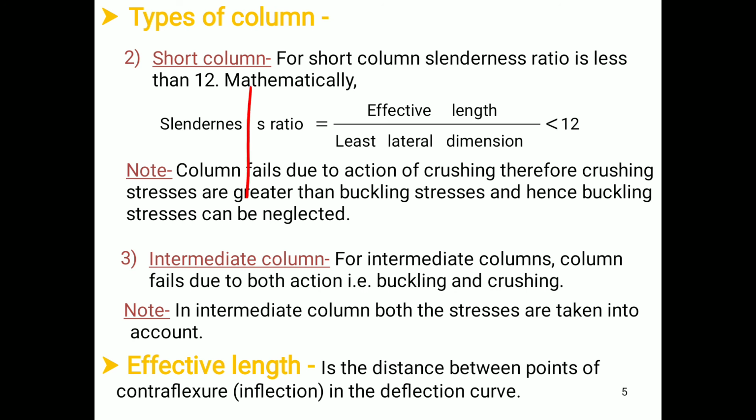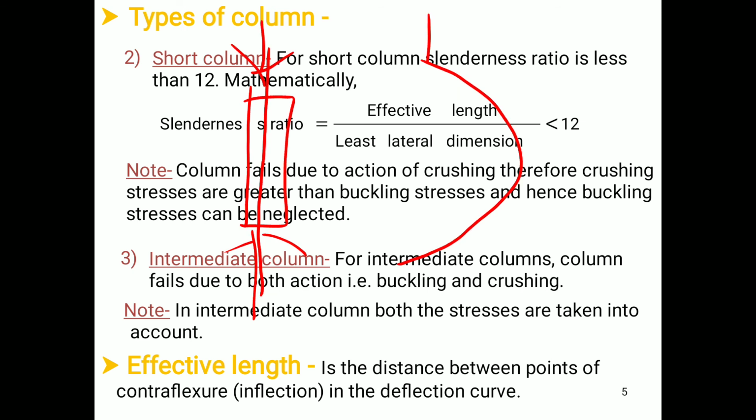Suppose this is a column, and this is the longitudinal axis, and it is subjected to external load P. If I go on increasing the load, the column will bend in this manner about this vertical axis. The distance between these two points, because they are inflection points, is known as the effective length.